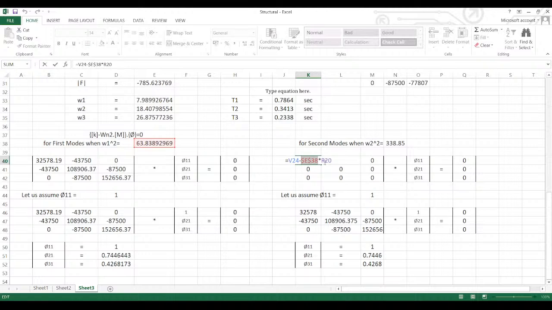Here all the values are the same, but only this value will change.